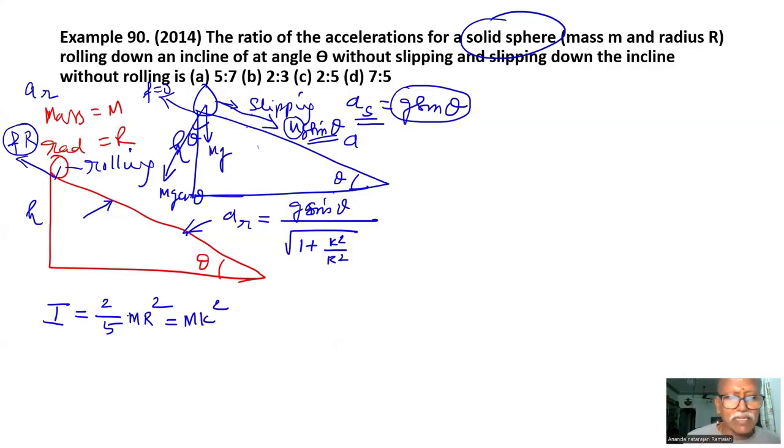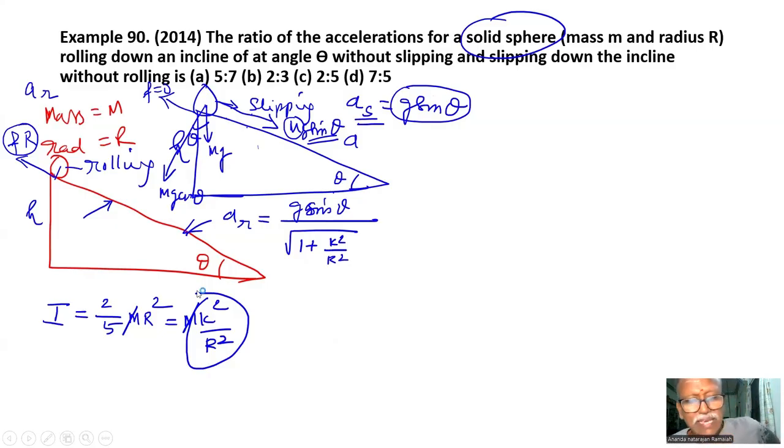So m gets cancelled. Therefore, k square divided by r square equals 2 by 5. So this is a constant. K square by r square is constant for all circular shape objects: k square by r square equals 2 by 5.